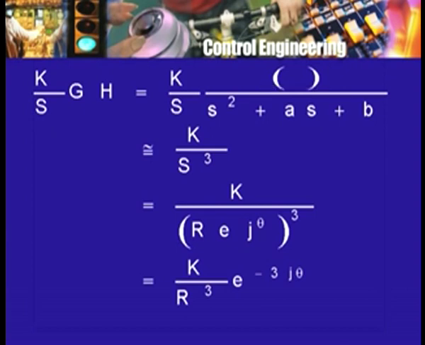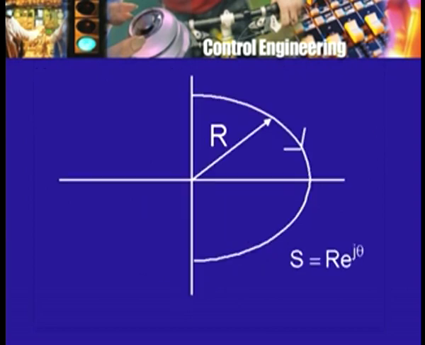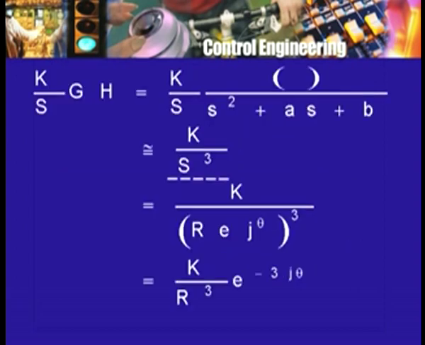So, there is a constant here, divided by a quadratic, s squared plus as plus b, which is what I wrote earlier. Now, as a result of this, for s very large in magnitude, which is what we are talking about on the semicircle, this can be approximated by k divided by s cube, because s squared overpowers as and constant b for very large s, large meaning large in absolute value.